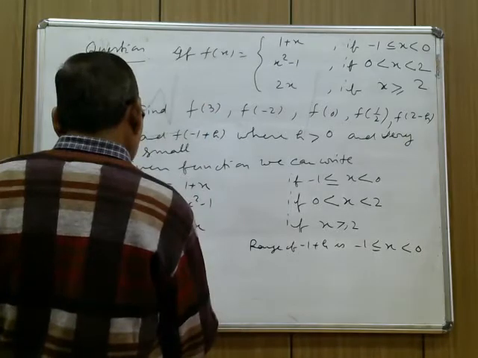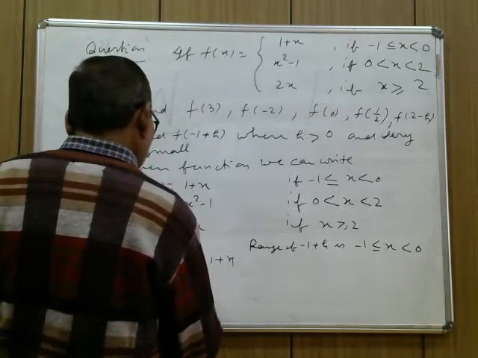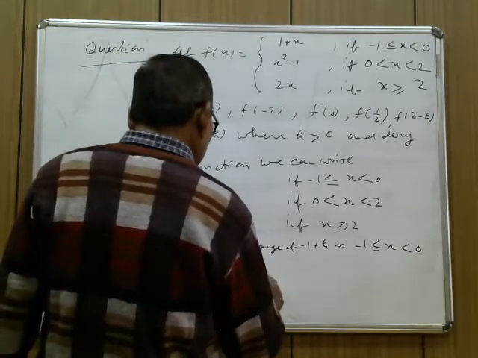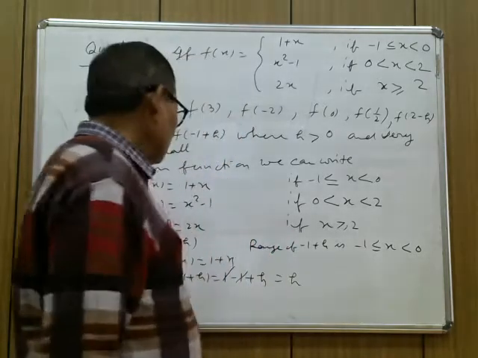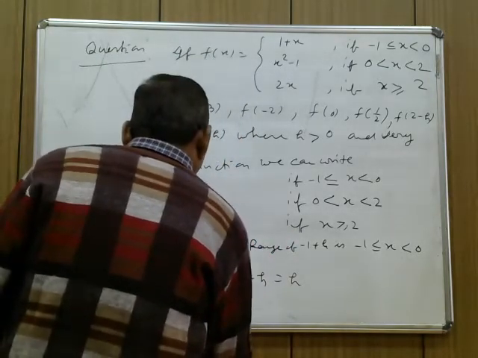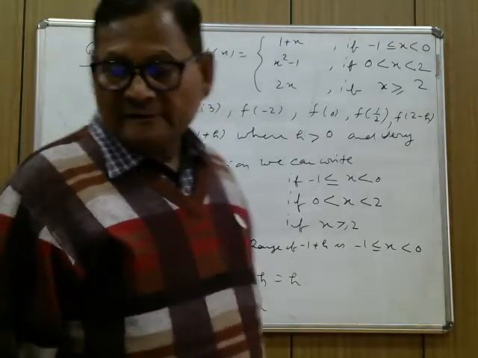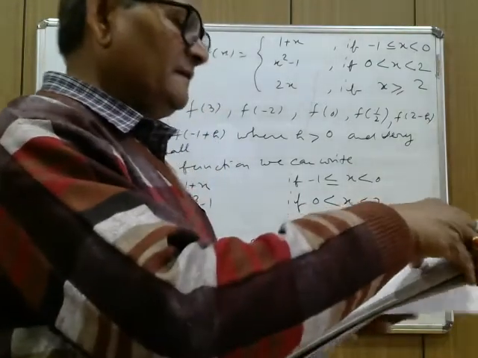So in this case your function f(x) is 1 plus x. So therefore f of minus 1 plus h is equal to 1 minus 1 plus h. 1 and 1 is cancelled and this is h. So consequently f of minus 1 plus h is h. So you remember all those things.